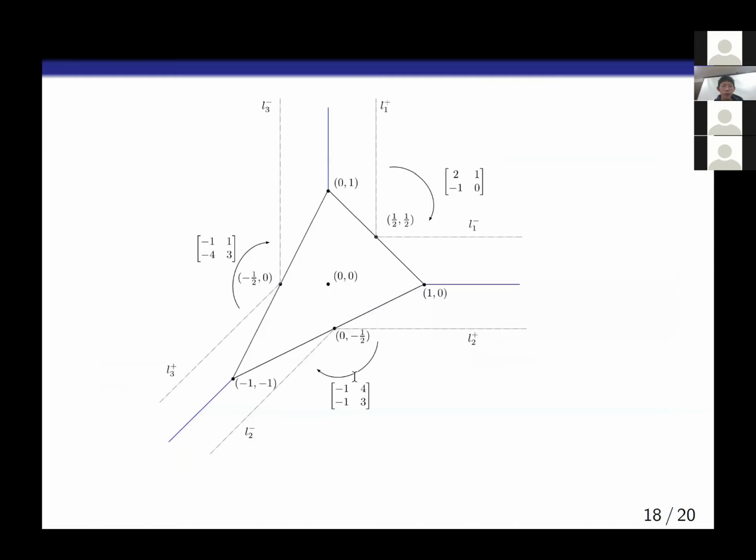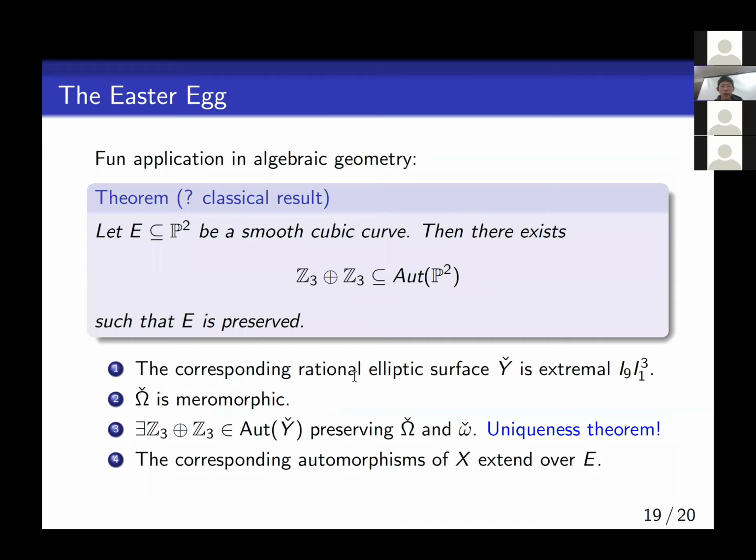Maybe we'll jump to the application. Maybe most of the talk is not that algebraic, so I'll give you a theorem in algebraic geometry, although it's a very classical result. I don't even know when it became known, but I believe it's maybe in 18-something.